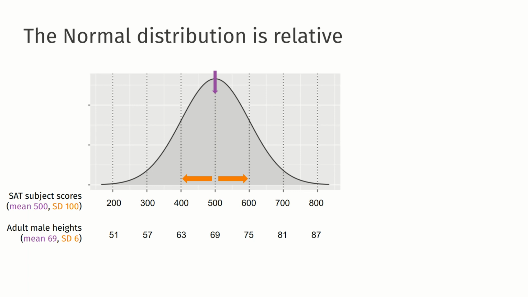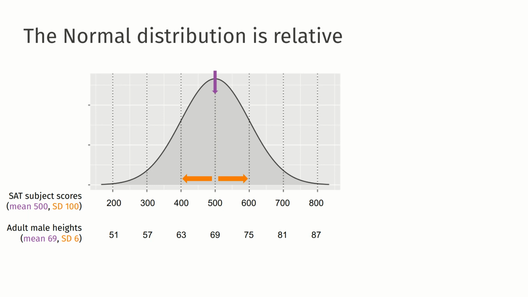Now, we could also, as I showed a little bit earlier, use the same shape to describe the distribution of, say, adult male heights in the United States, which have a mean of 69 inches and a standard deviation of 6 inches.